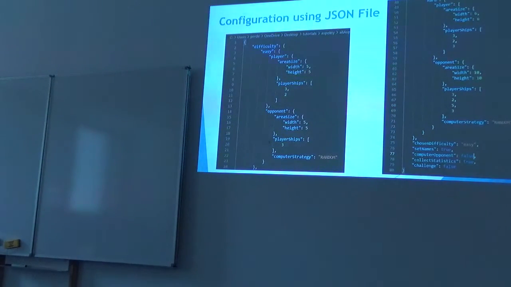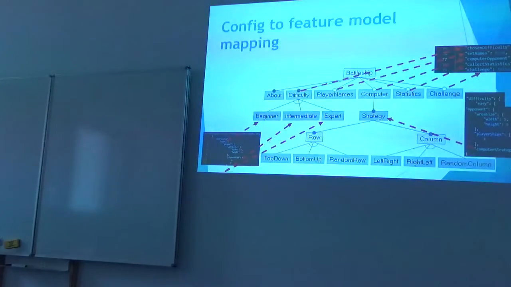But some of them, like difficulty settings, have strings in their configuration, and these features are mapped to the feature model, something like this in this game. For example, strategy, associated value, computer strategy in the configuration file. Every application should have a configuration file, but this is the configuration file for managing variability.